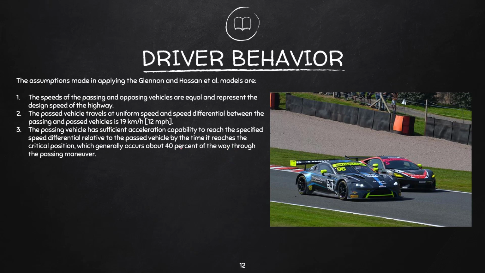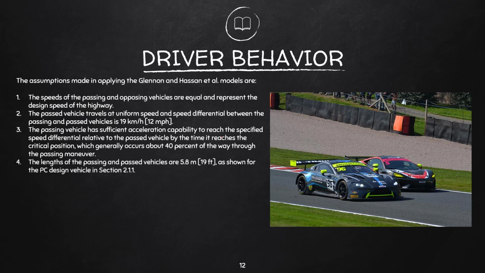So at about 40% of the distance d sub 2 in the image I showed a while ago, the passing vehicle has already acquired the acceleration required to reach the specified speed differential.